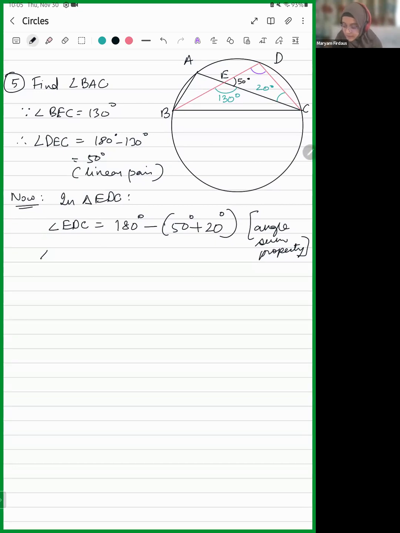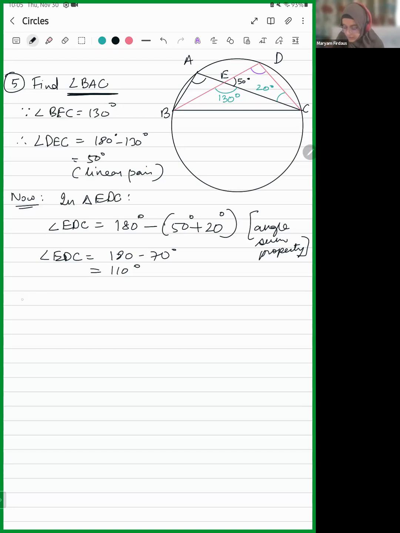So angle EDC is going to be 180 minus 70, which is 110 degrees. Now since we have found angle EDC, the purple angle, the top right angle, angle BAC is going to be the same angle, right? We have to find angle BAC. It's going to be the same because angles in the same segment are equal.